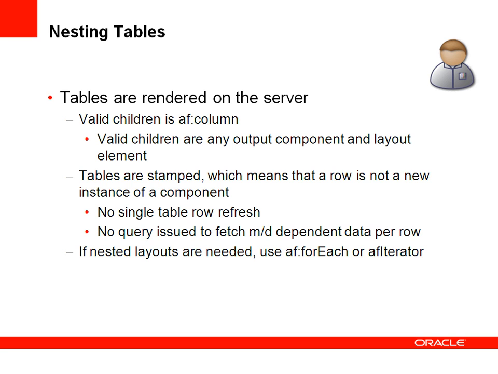If you need some sort of nested layouts, you can always use af:forEach or af:iterator. One of the examples where af:forEach is used: if you drag and drop a dynamic table from the ADF context menu, then you will see the af:forEach being used to look into the view object definition for how many attributes the view object has, and then it creates one column and column renderer component per each of the attributes it finds, so that dynamically you can define the size of the table in terms of the number of columns.